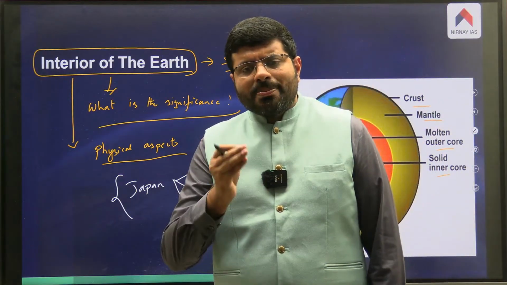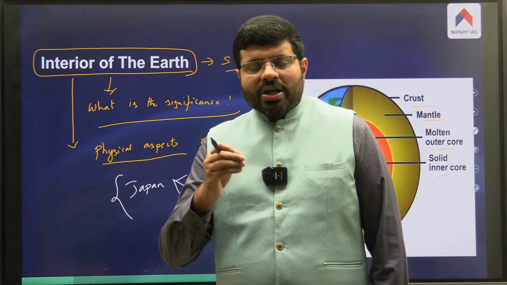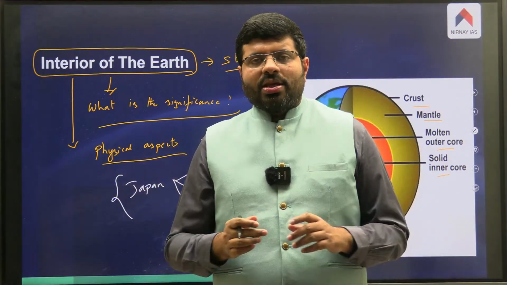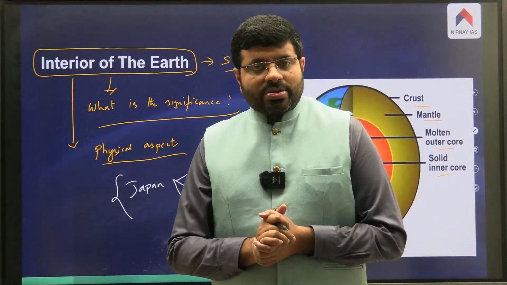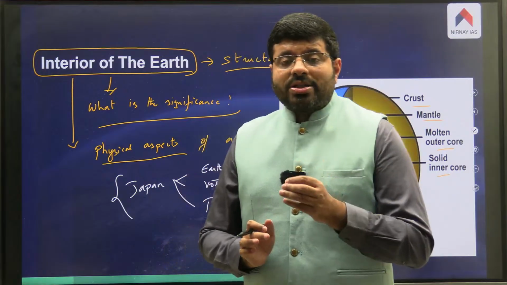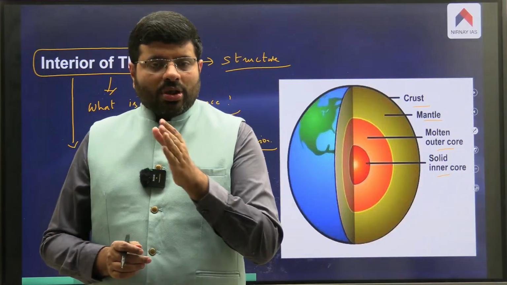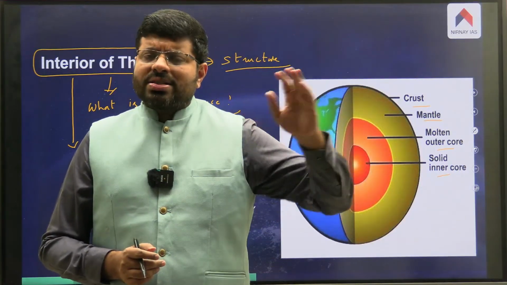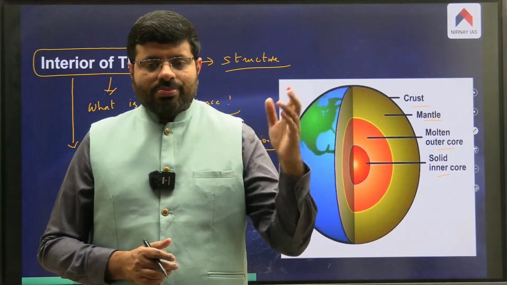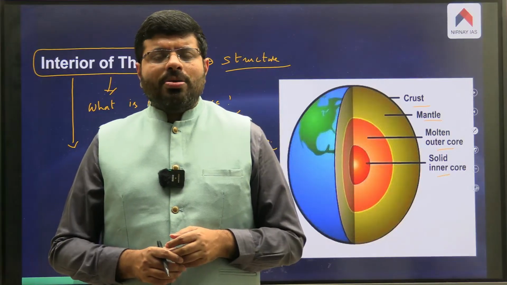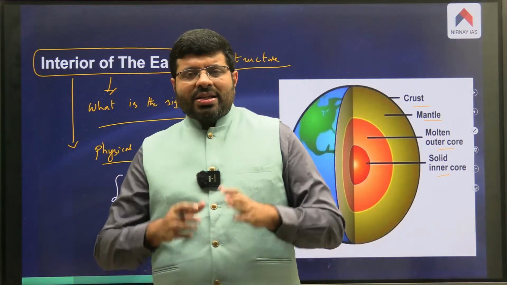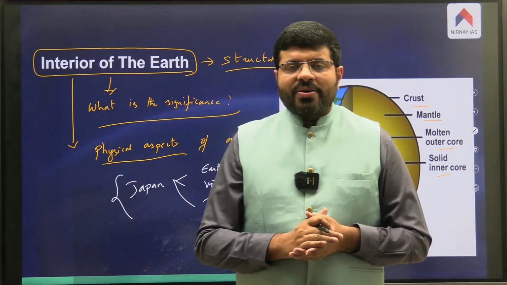I'll ask you a very simple question. Whenever you talk about earthquakes in India, where do you tend to see those earthquakes? You tend to see such earthquakes in places like the Himalayas, Assam, northeastern states, sections of areas like Gujarat, Bhuj. But you don't talk about huge earthquakes in peninsular India, no? Why?